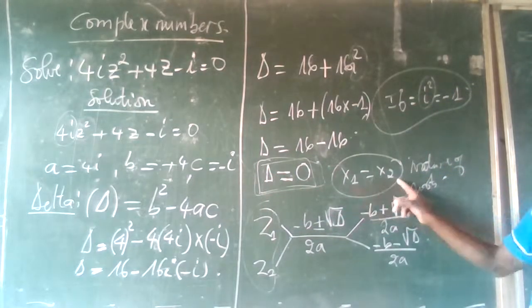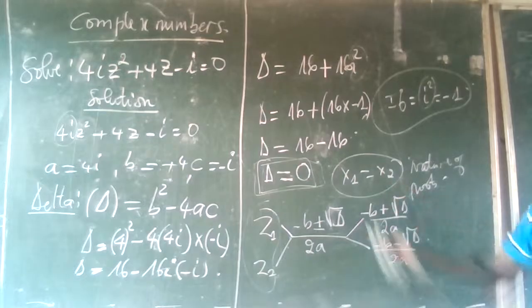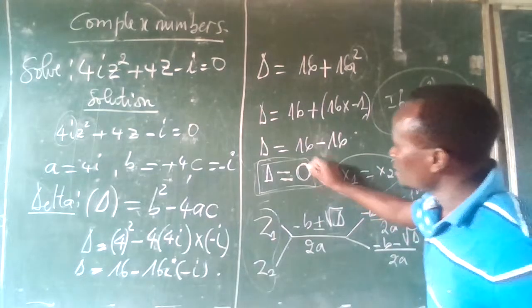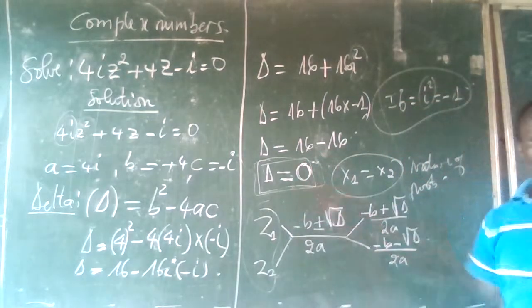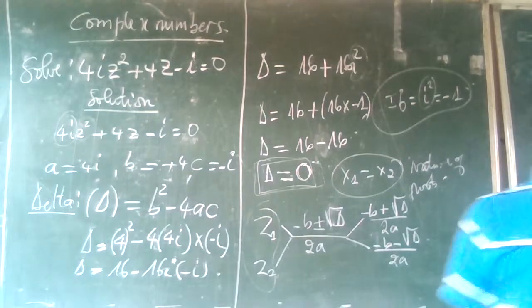The value of z will be only one because delta is equal to 0.